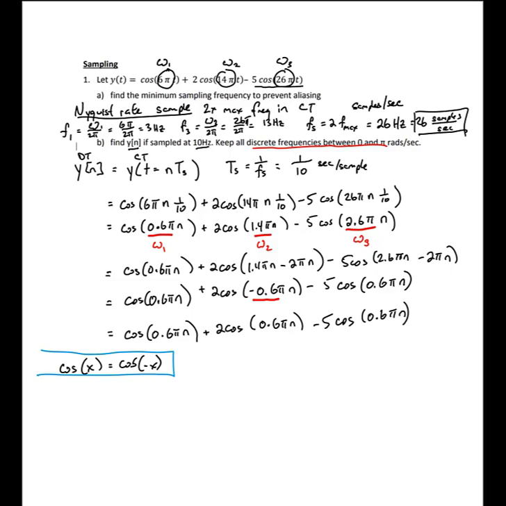And now we've got all of these guys in that desired range of 0 to pi. And now we can go one step further and say, hey, these are actually all the same cosine. So we can just add 1 plus 2 is 3, minus 5 is negative 2 cosine of 0.6 pi n.